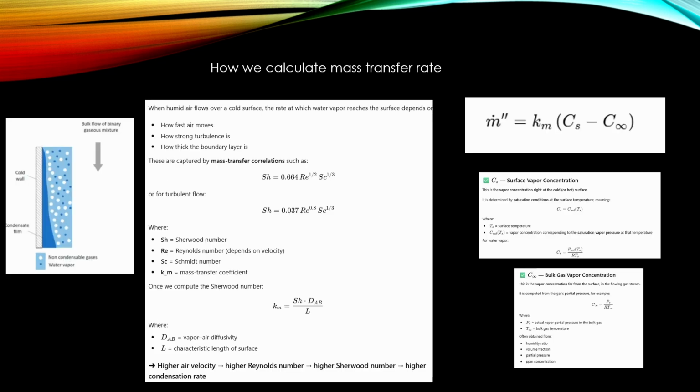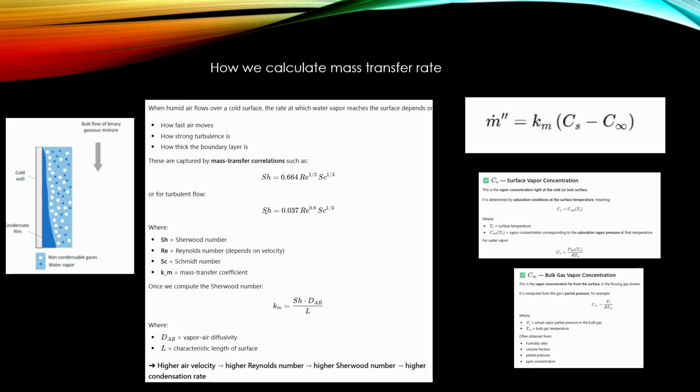We can also use the mass transfer rate to calculate the amount of condensing water. Here we have mass transfer correlations for laminar flow and this one for turbulent flow.